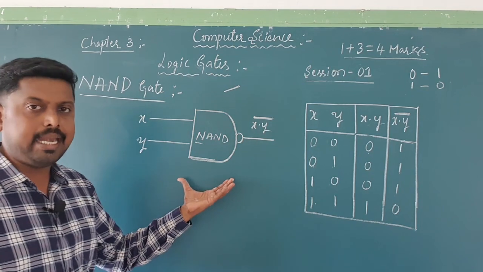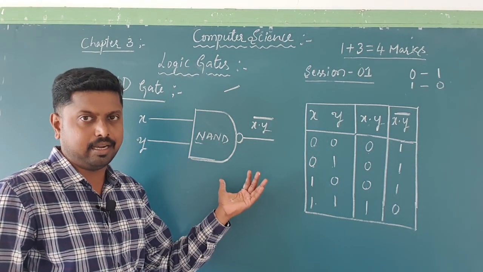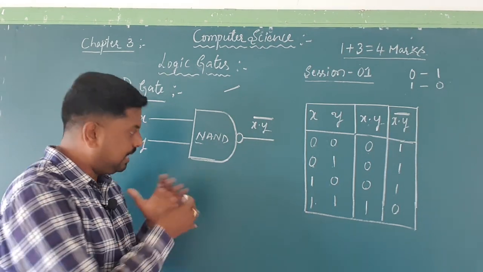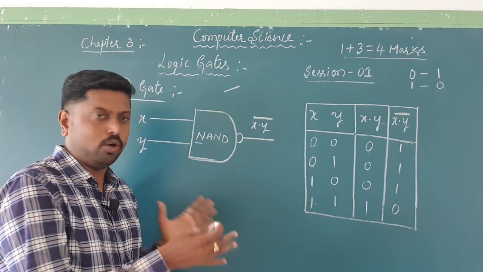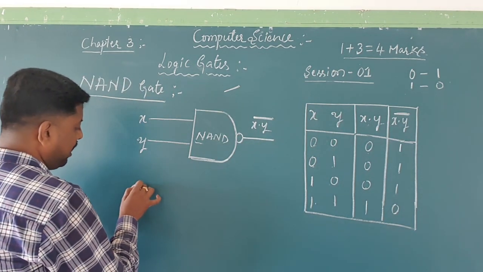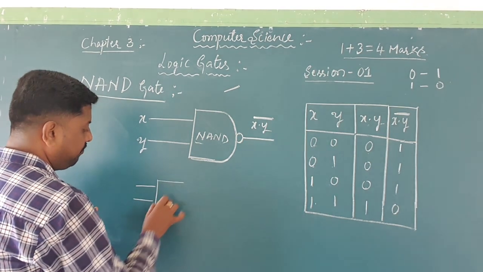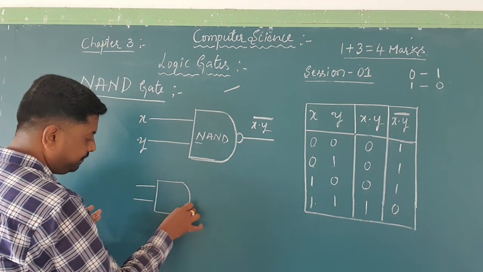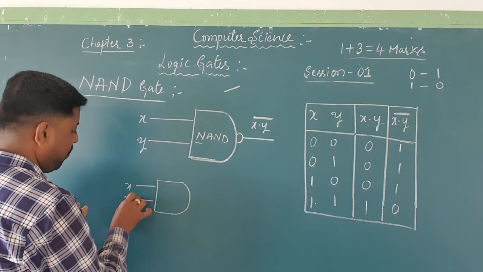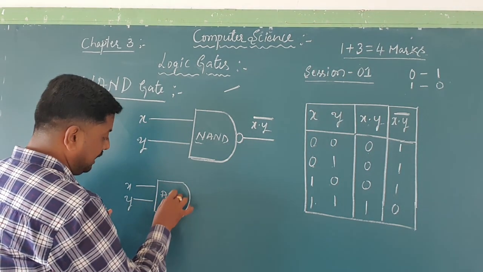And this is the NAND gate representation. It is a combination of AND and NOT gates, as I said. I will divide the NAND gate into AND with NOT. Observe this clearly. First I will write one AND gate for the same inputs. X and Y are the two inputs for the logical AND.